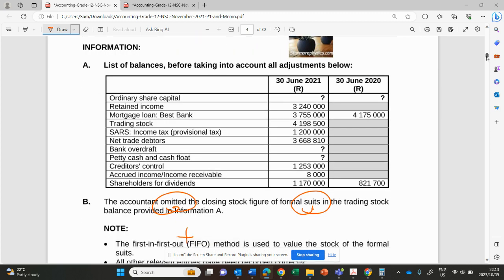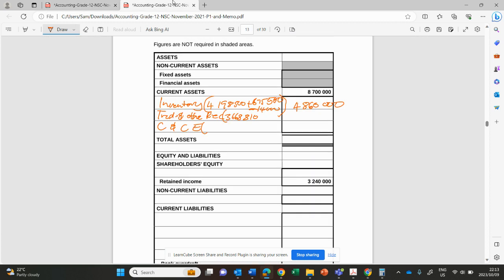Firstly, it will be the prepaid expense and the accrued income. So we have the accrued income here, which is 8,000. Income receivable or accrued income is there, 8,000. Then you're gonna put it here, say plus 8,000.